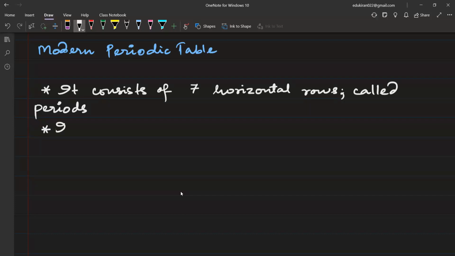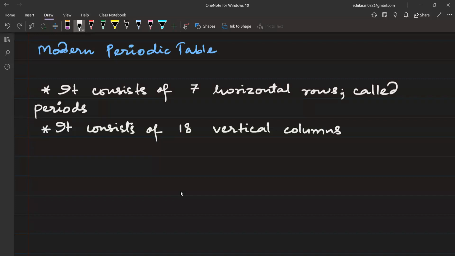It consists of 18 vertical columns, called groups.